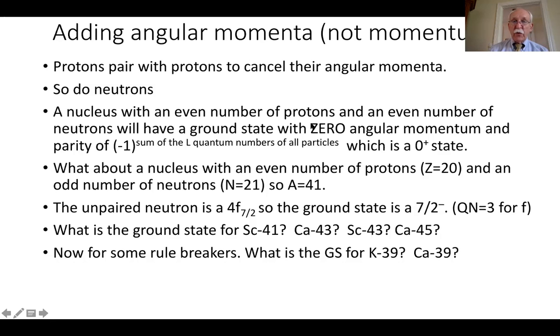So for a ground state with an even number of protons and neutrons, because of the evenness of all of that, we'll have a 0 plus state.